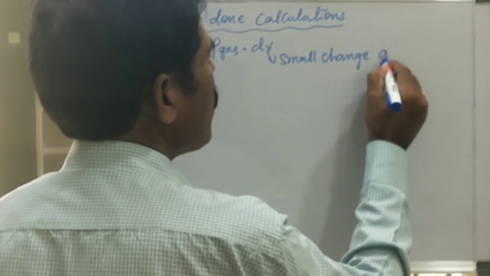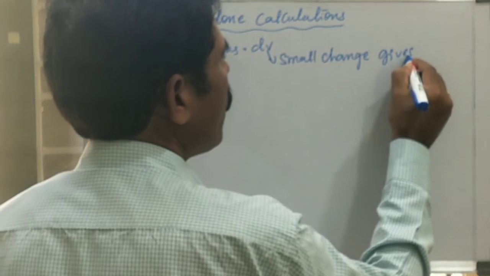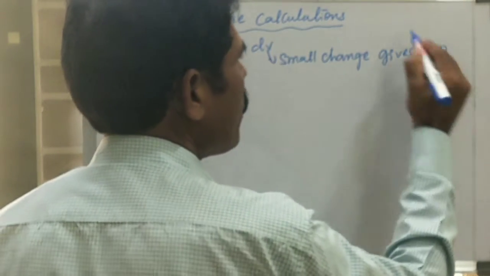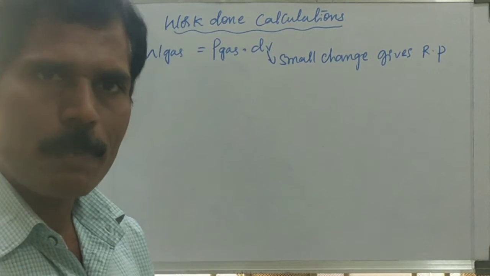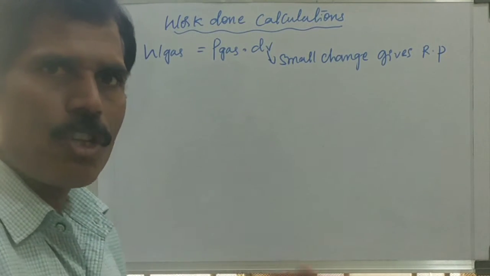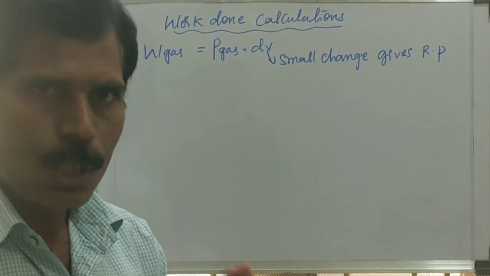A reversible process is the process in which the changes will happen slowly.